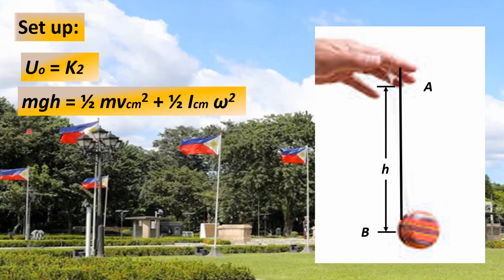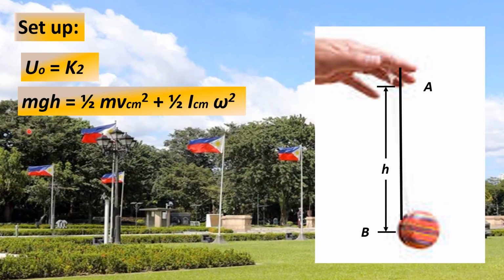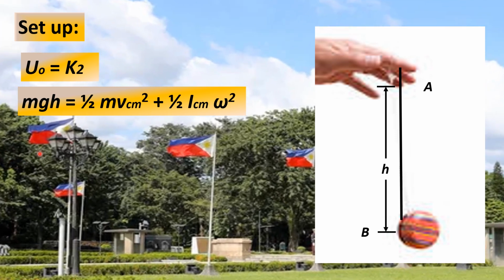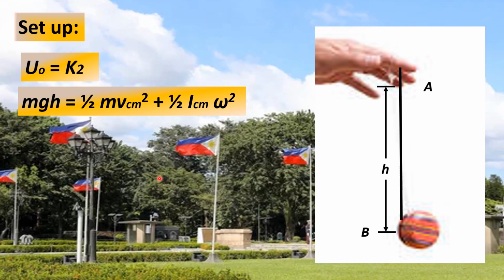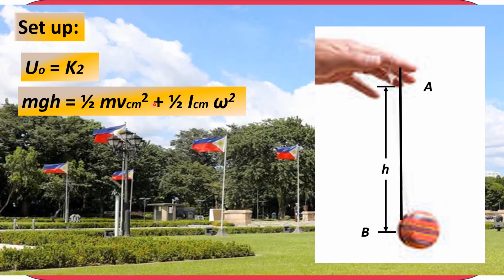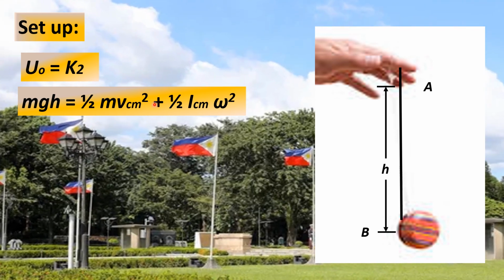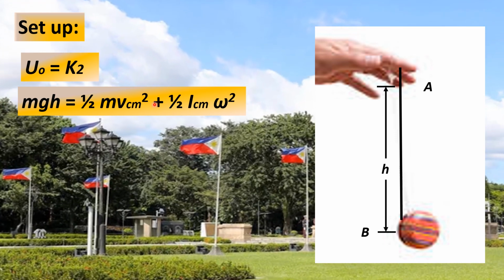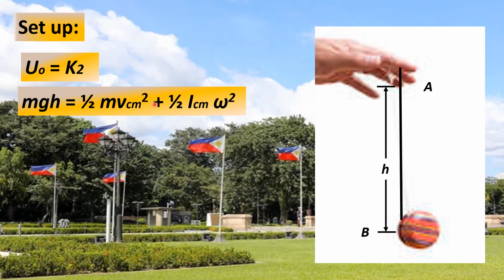All right. So what we want is to substitute the moment of inertia, capital I, in terms of mass and the radius r.